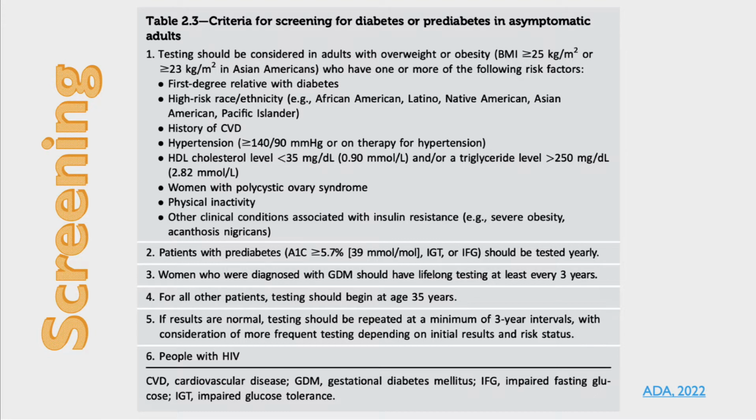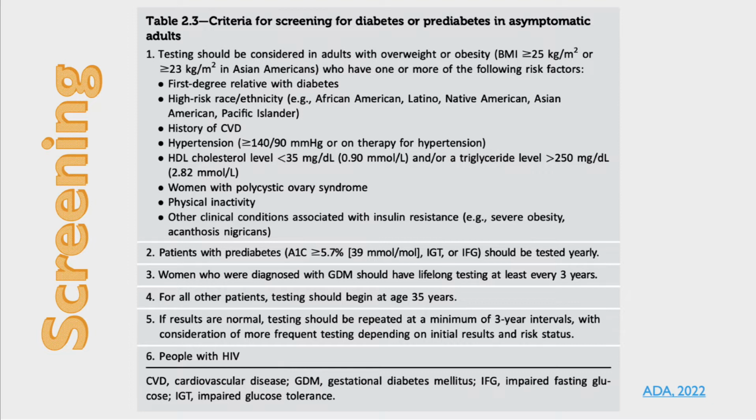And the reason for that is diabetes often causes a dysmetabolic syndrome that features hypertriglyceridemia and low HDL. So it may be that the low HDL, high triglycerides are a cause of diabetes, and that's why we should test for it. Women with polycystic ovary disease, people who are physically inactive, and other insulin-resistant conditions like severe obesity.